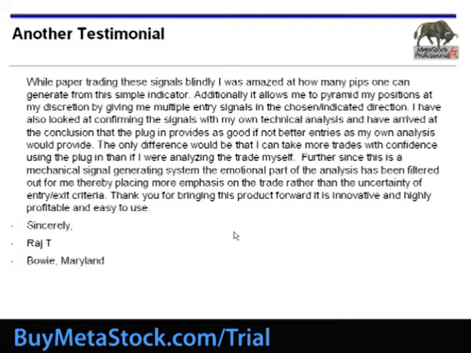The only difference would be that I can take more trades with confidence using the plugin than if I were analyzing the trade myself. Further, since this is a mechanical signal generating system, the emotional part of the analysis has been filtered out for me, thereby placing more emphasis on the trade rather than the uncertainty of entry-exit criteria. Thank you for bringing this product forward. It is innovative and highly profitable, and it's easy to use.